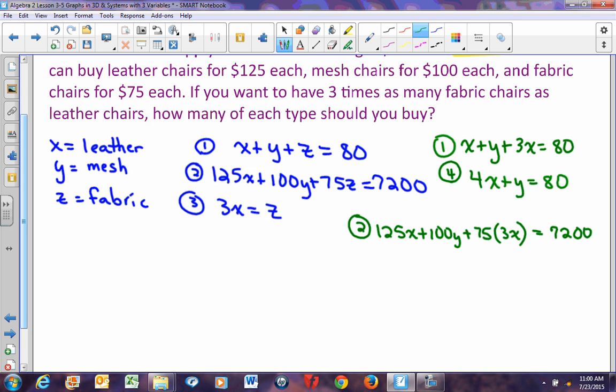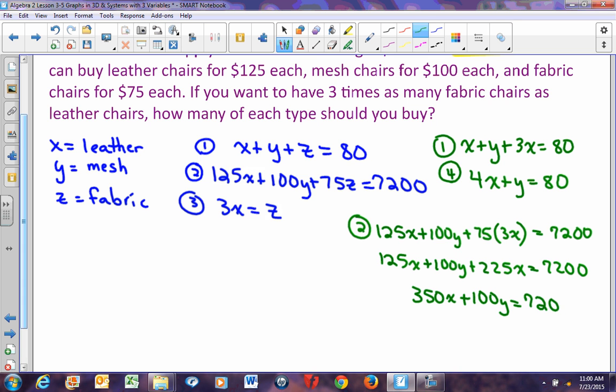So now I'm going to have 125x plus 100y plus 75 times 3 is 225, 225x equals 7,200. So 125 plus 225 is 350, so 350x plus 100y equals 7,200. This is equation number 5.